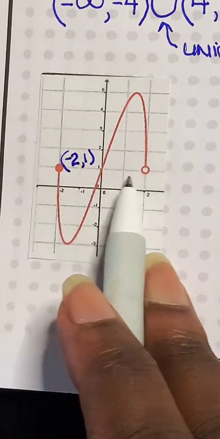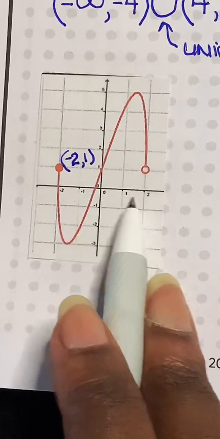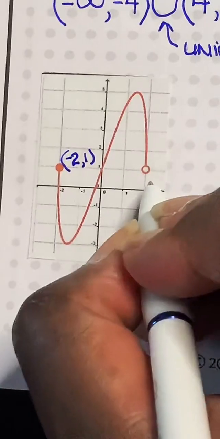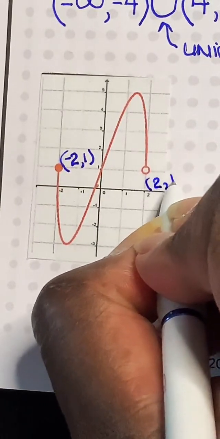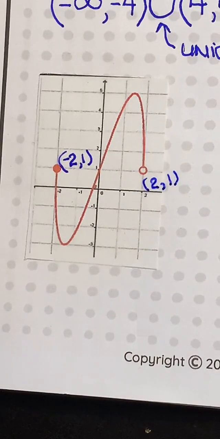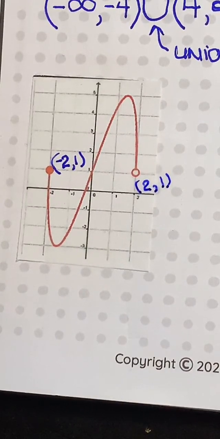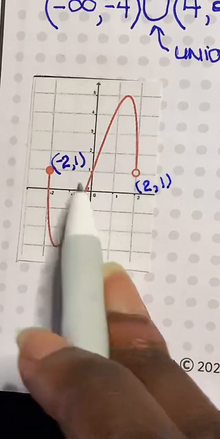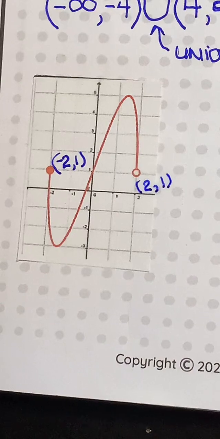Now, there's an endpoint over here. And it looks like it's happening at +2. So the coordinate of that point is 2, 1. Now, if we want to list the domain, we're not paying attention to what's happening in between, like this little twist and turn. We're not caring about that.